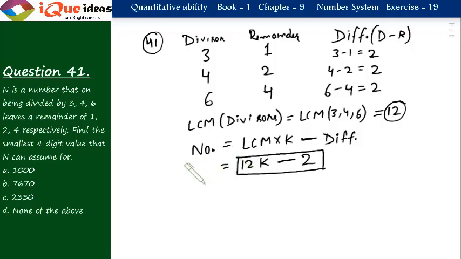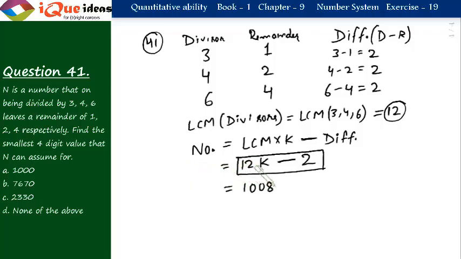So let's try to find a number which is close to 1000 and is divisible by 12. Just by tables you can see that the nearest number to 1000 which is divisible by 12, let's say 960. 12 8s are 96, so 960. Then 960 plus 36 is 996. They're all divisible by 12. So the next multiple of 12 will be 996 plus 12, that is 1008.